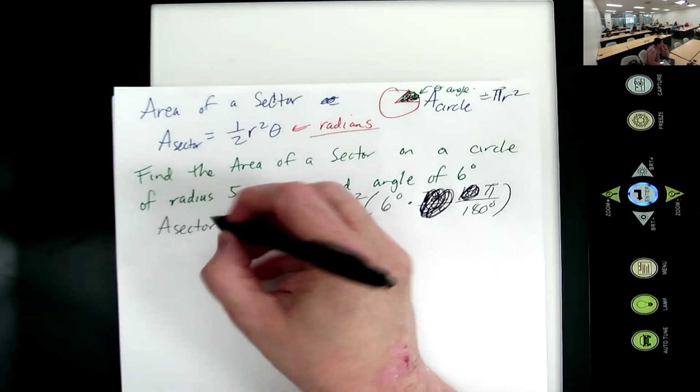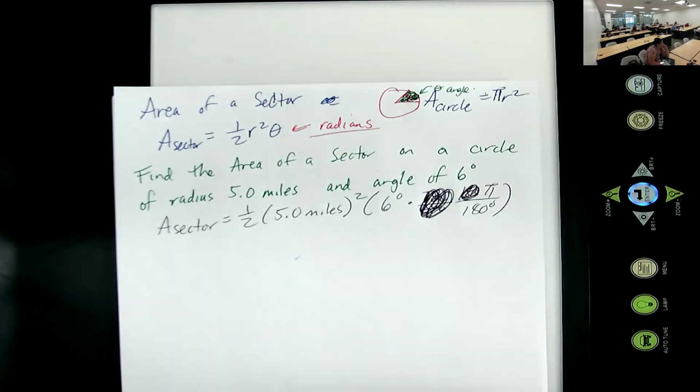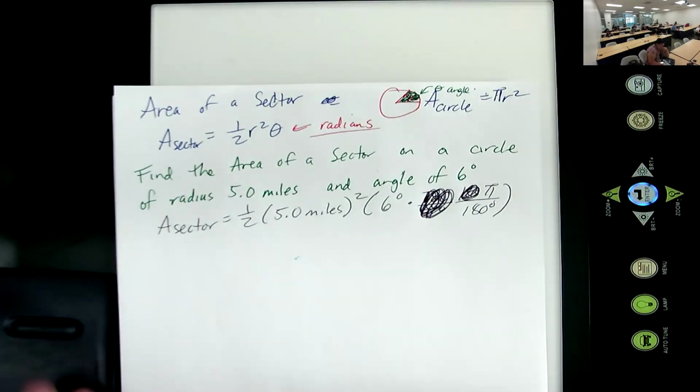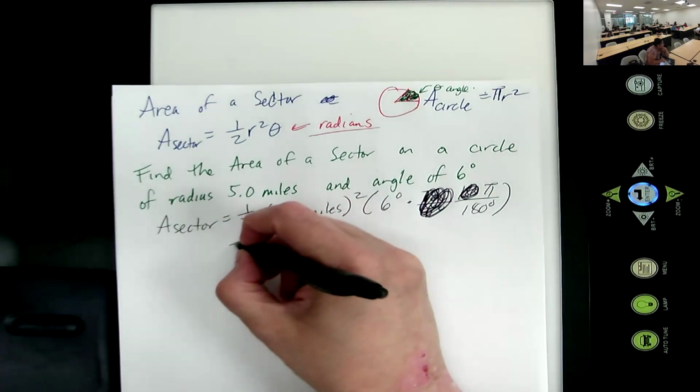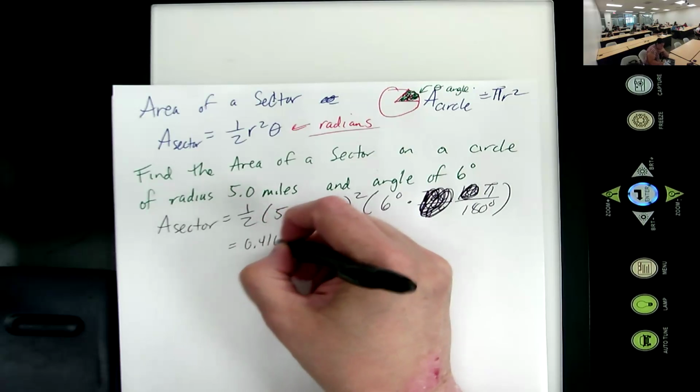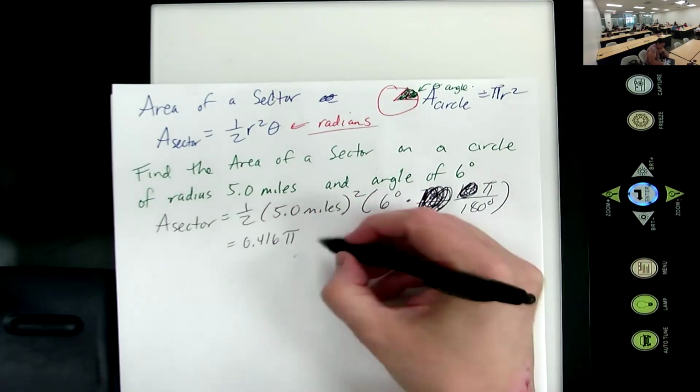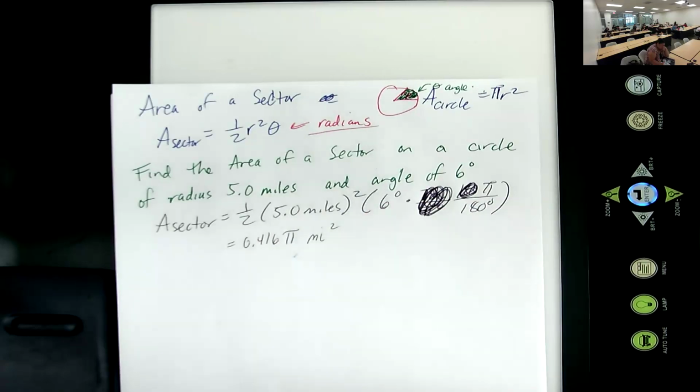And let's see. 5 squared times 1/2 times 6 divided by 180. This is 0.416 pi miles squared.